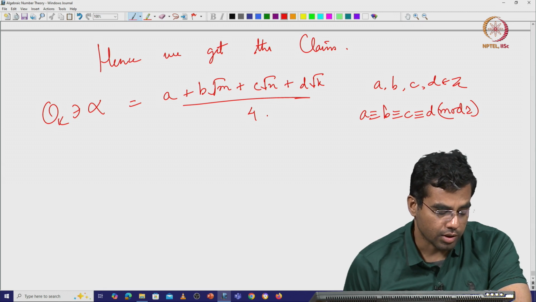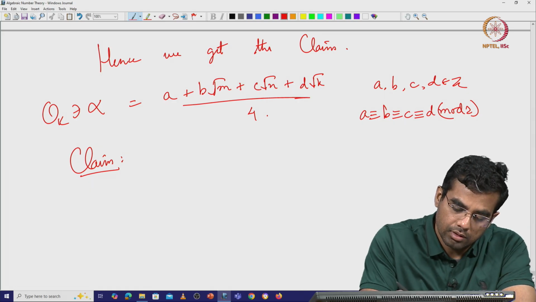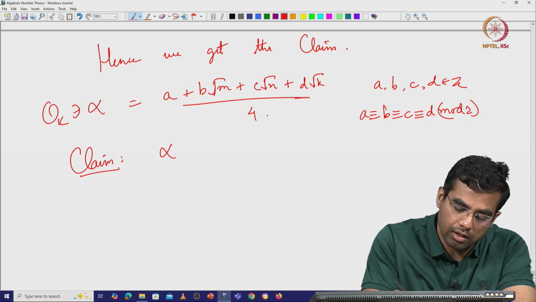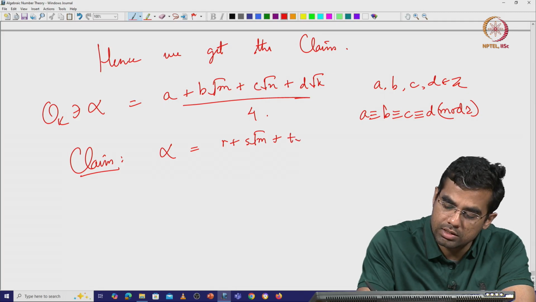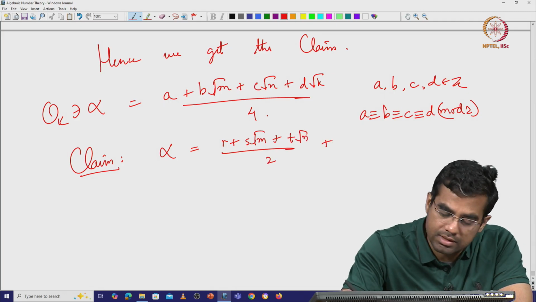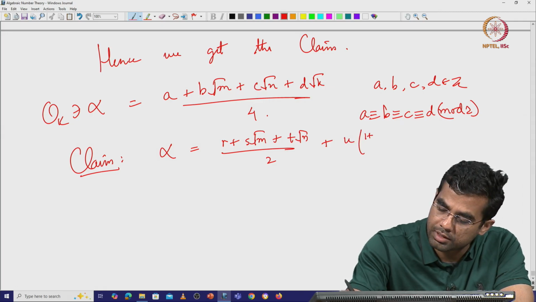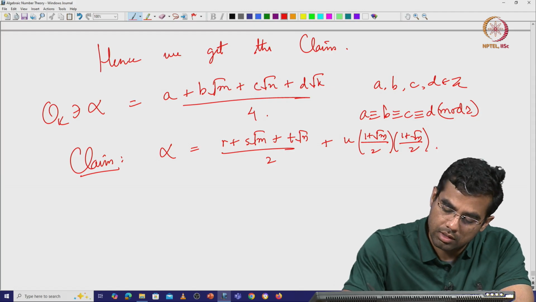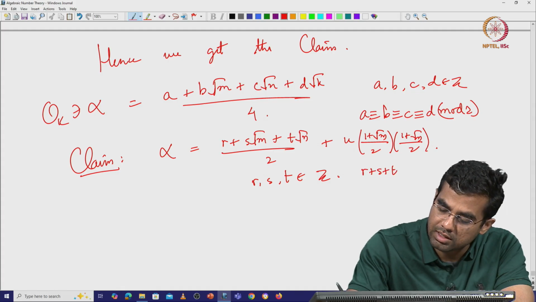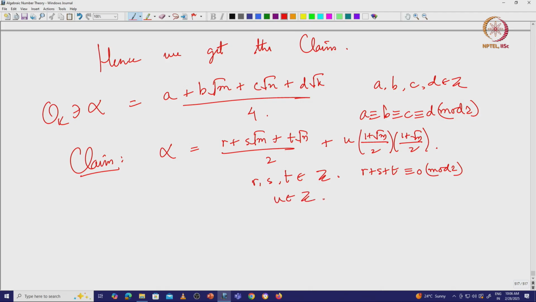Next claim is that alpha can be written as (r + s√m + t√n)/2 plus some integer multiple u times (1+√m)/2 times (1+√n)/2. Here r, s and t are in Z, and r + s + t is congruent to 0 mod 2, and u is also in Z.